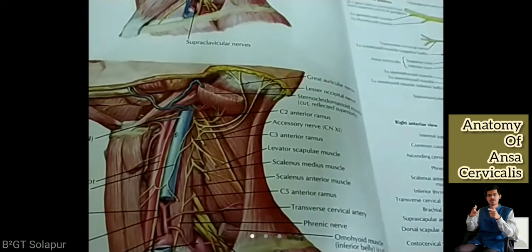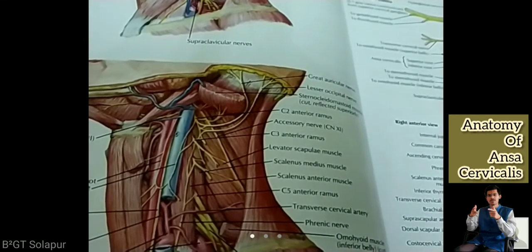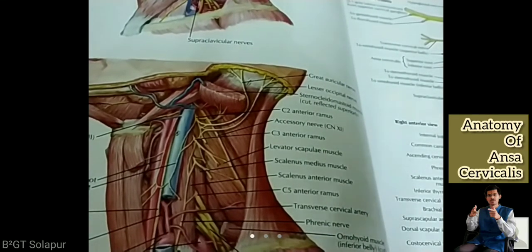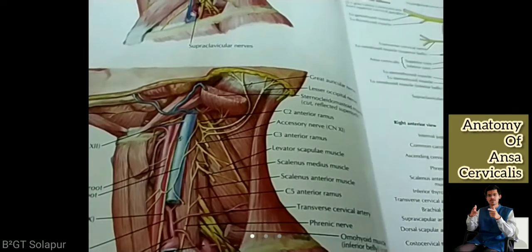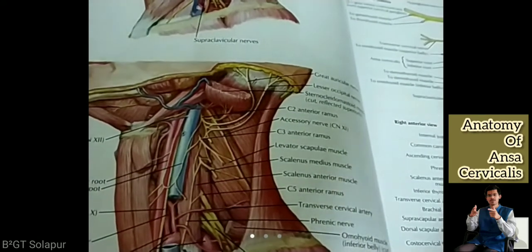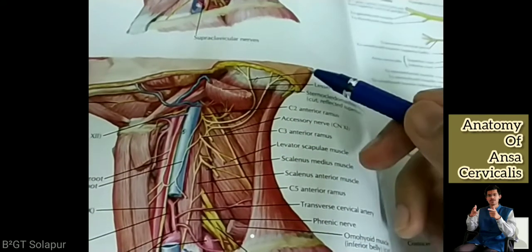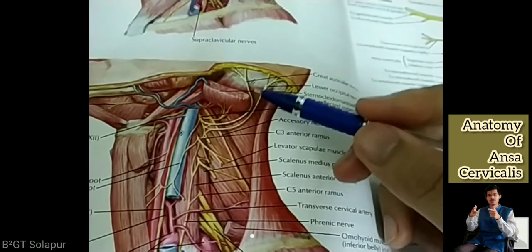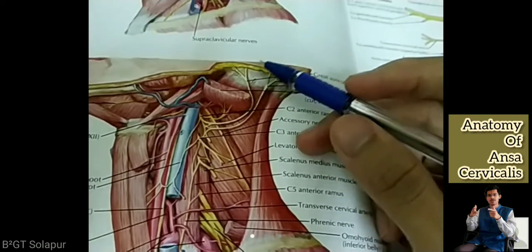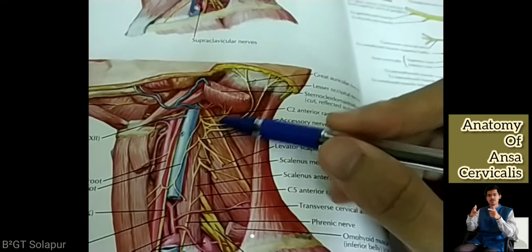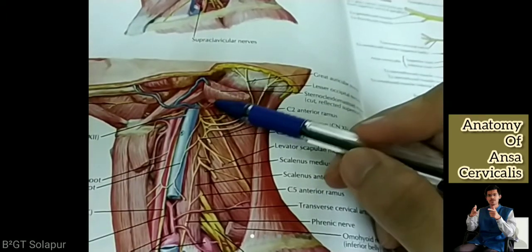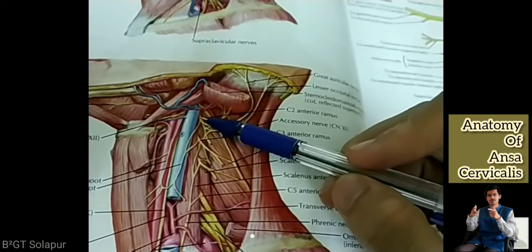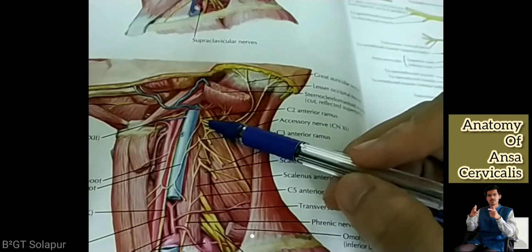Yesterday I told you that the cervical plexus and hypoglossal nerve form the ansa cervicalis. Now you saw which rami of the cervical plexus form the ansa cervicalis. So it is C1, this, C2, this, and C3.